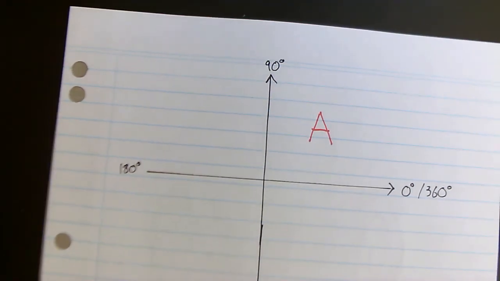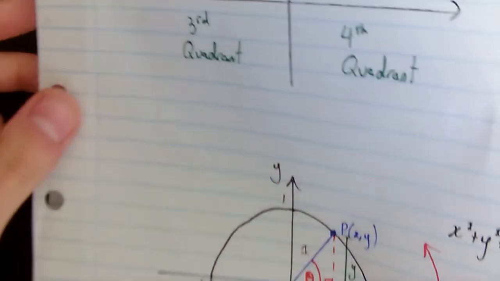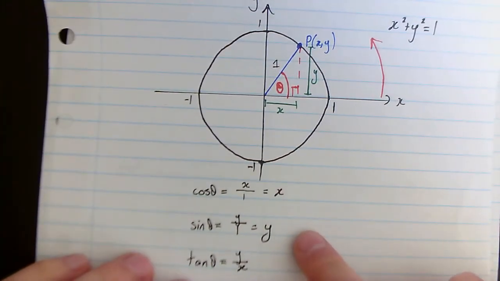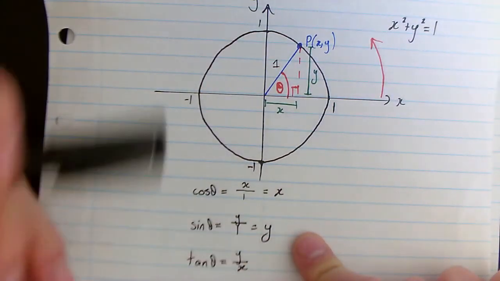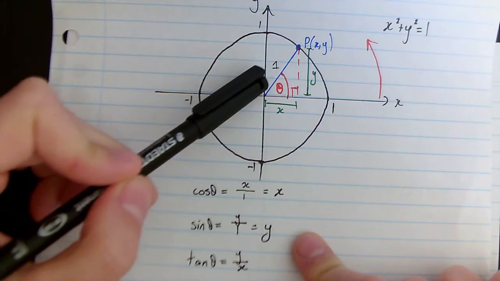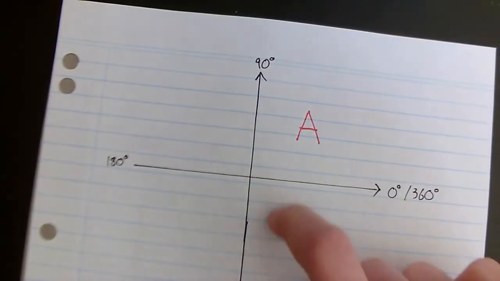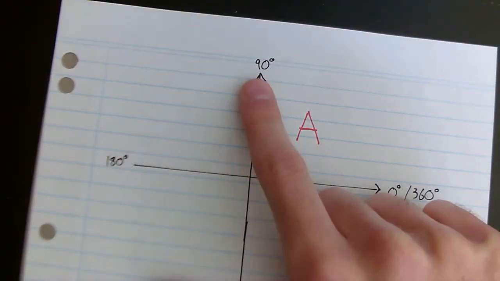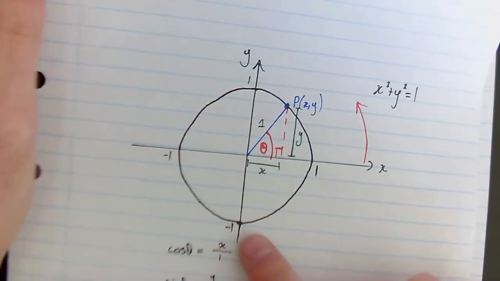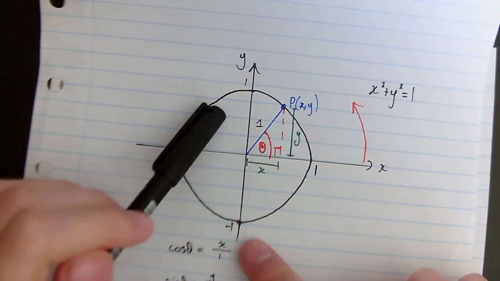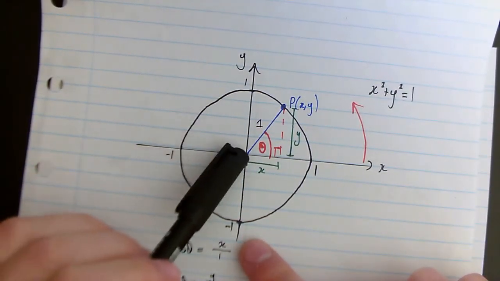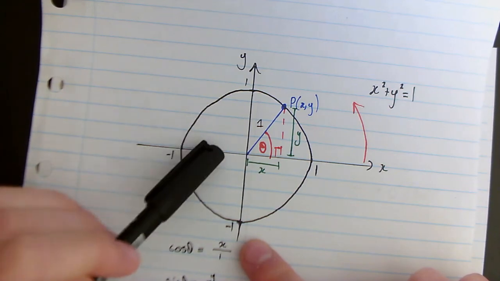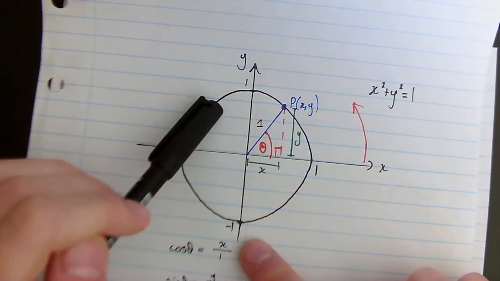Okay? By a similar argument, imagine that theta falls in the second quadrant. That means that it's going to be in this region here, namely between 90 degrees and 180 degrees. What we should notice is that the x-coordinate is negative and the y-coordinate is positive.